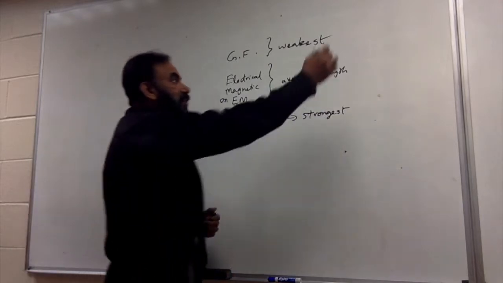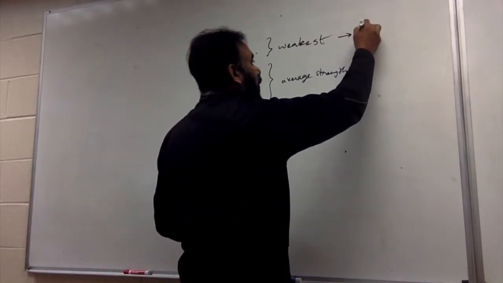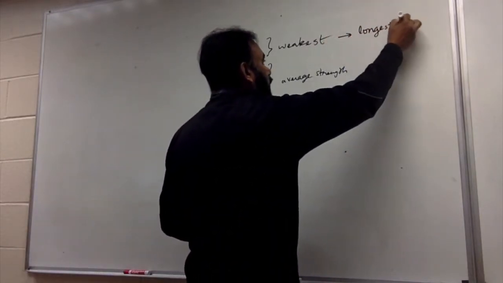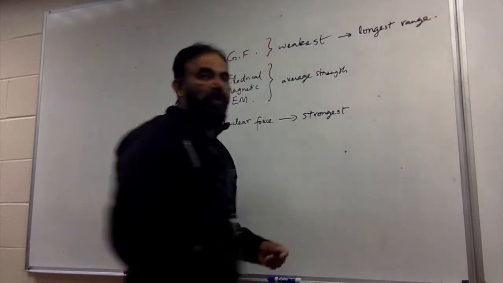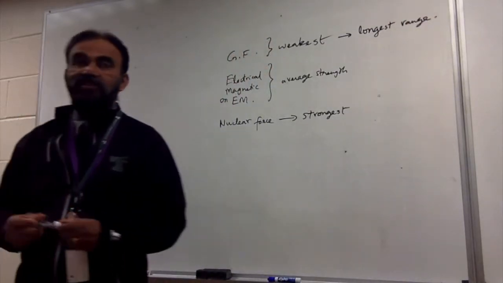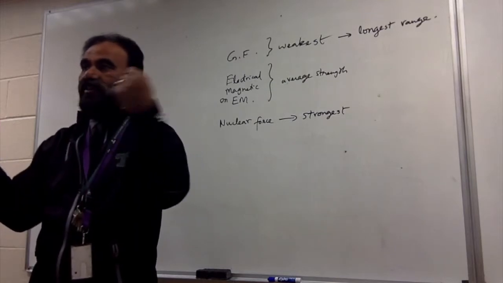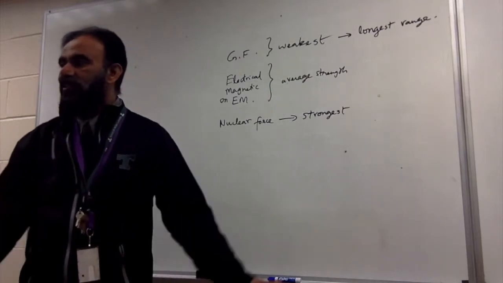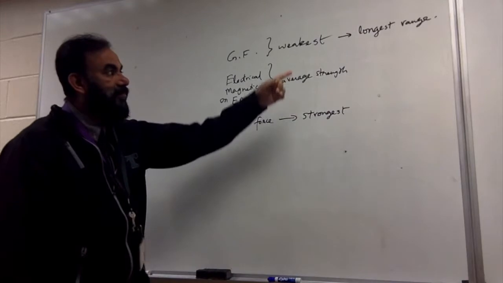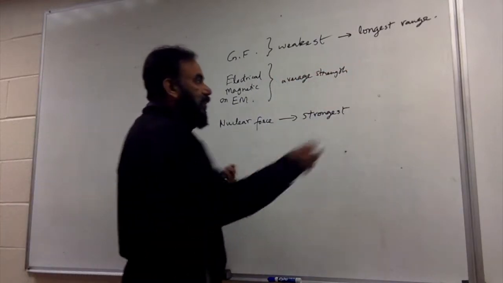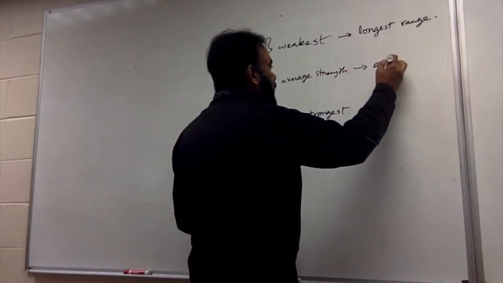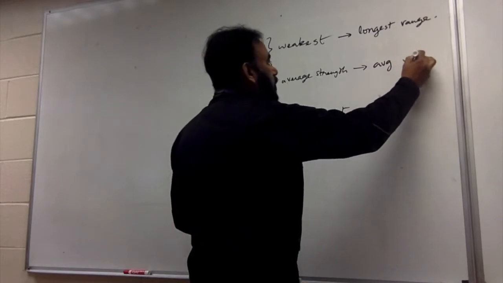But gravitational force is longest range. Even though it's a weak force, it can act over distances. You can see the sun and the earth are actually under gravitational attraction, even though the distance is enormous. It's the longest range force. This one is average range.